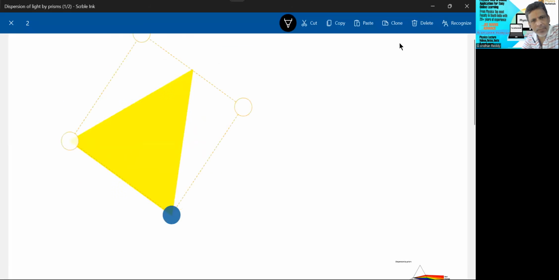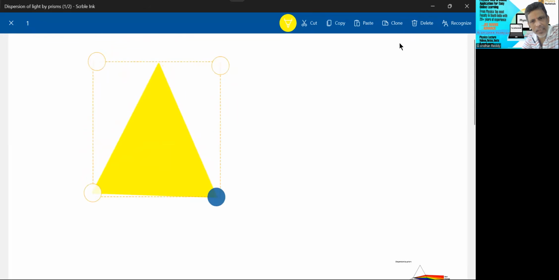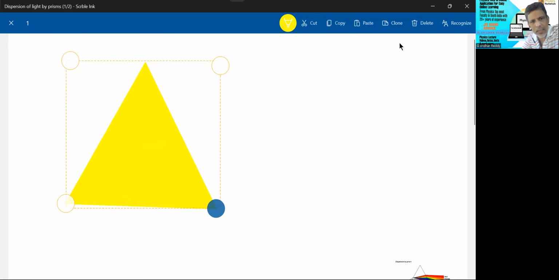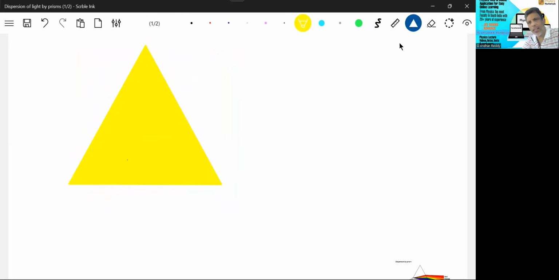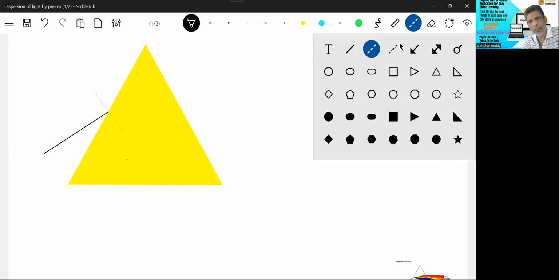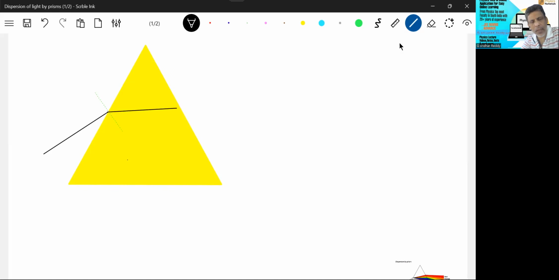If you look at the basic idea, if a monochromatic ray of light is incident, this is a normal. It will undergo some refraction here at the first phase.